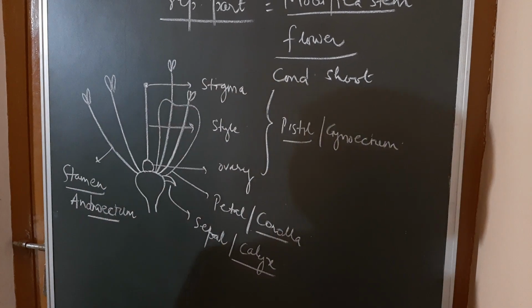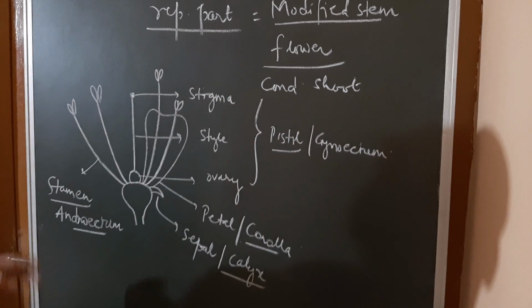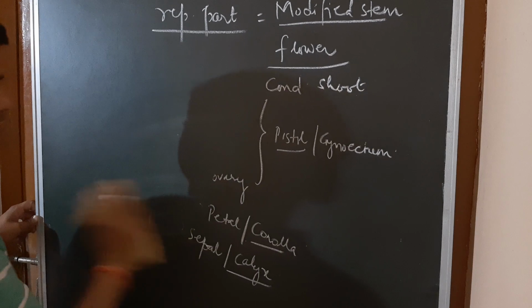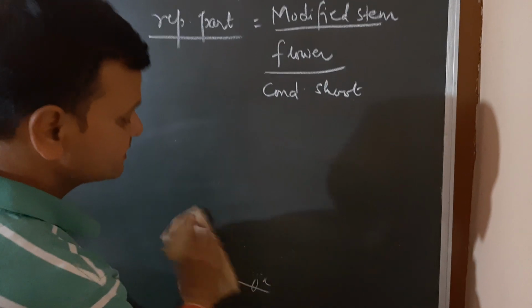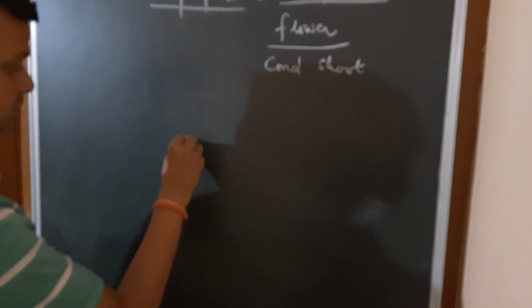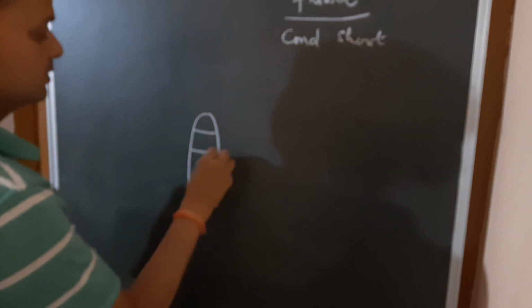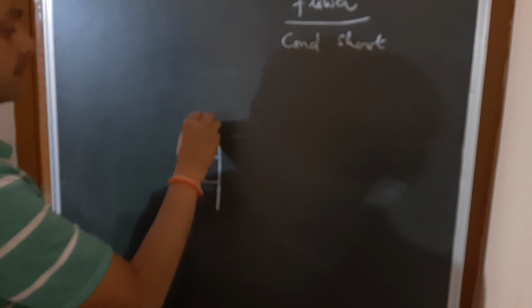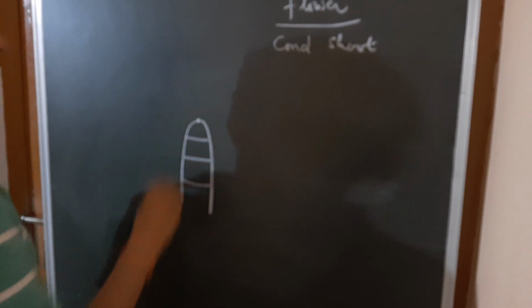If we try to show that it is a modified stem, how do we confirm it? In order to show that it is a modified or condensed stem, we draw a shoot. The characteristic feature of a shoot is that it has nodes and internodes. Suppose these are the nodes and internodes, and this will become the apical node.